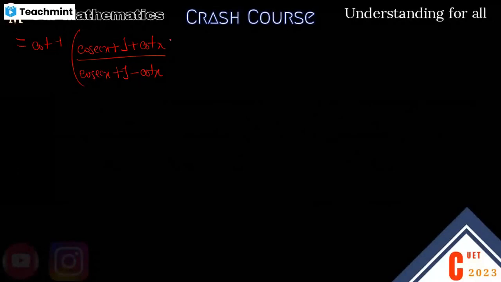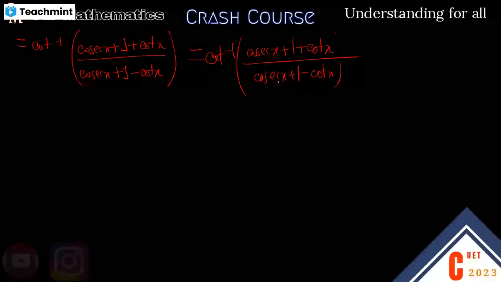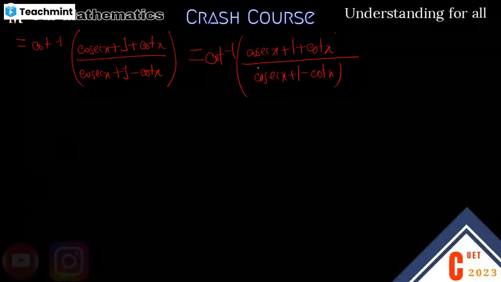Then, if I am not wrong, we will multiply 1 plus cot x over cosec x plus 1 minus cot x. We will multiply in the numerator and denominator cosec x minus cot x.